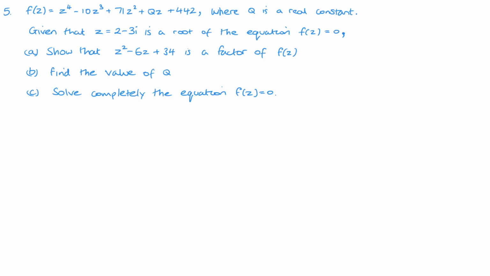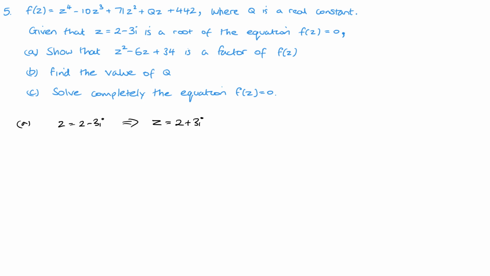Again, this is not super difficult at all, but maybe it's easier to talk it through. So for part A, if 2 minus 3i is one root, then 2 plus 3i is the other root there, because it's obviously a complex conjugate pair.